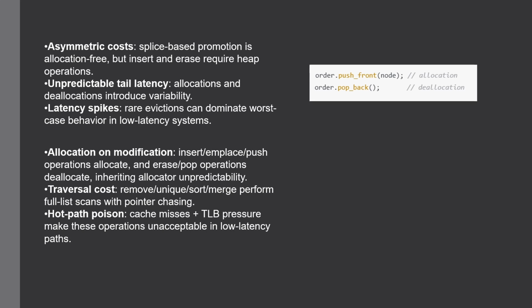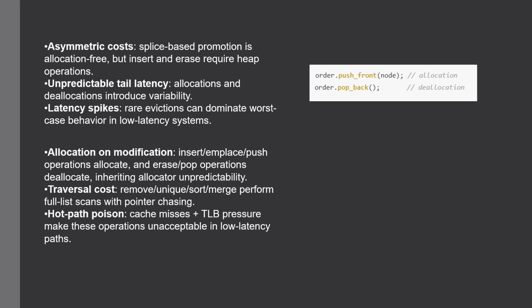So order.pushFront is allocating and order.popBack is deallocating. This creates a fundamental asymmetry because the common case is fast and deterministic, but the less frequent case is slow and unpredictable. In latency systems, such asymmetry often leads to rare but catastrophic latency spikes.